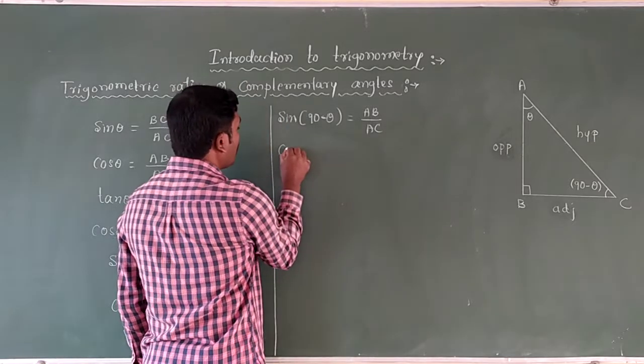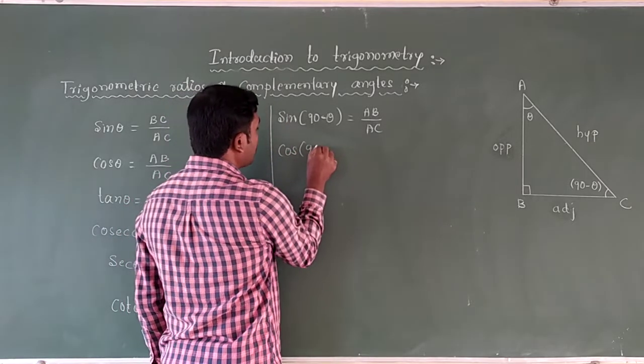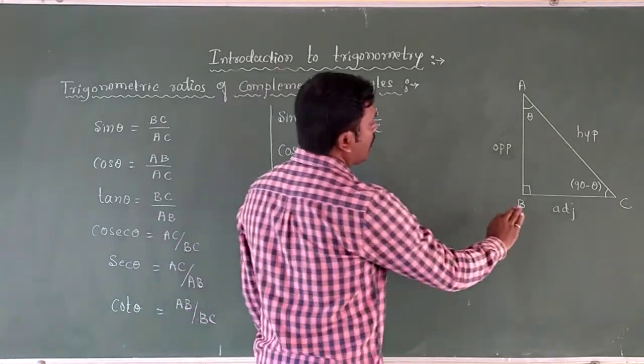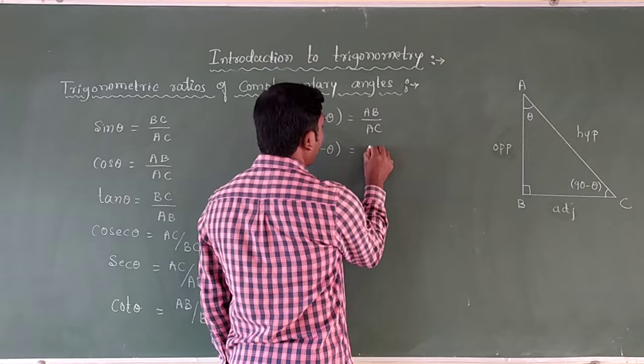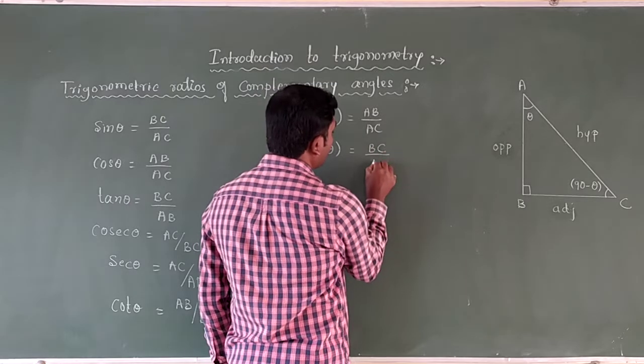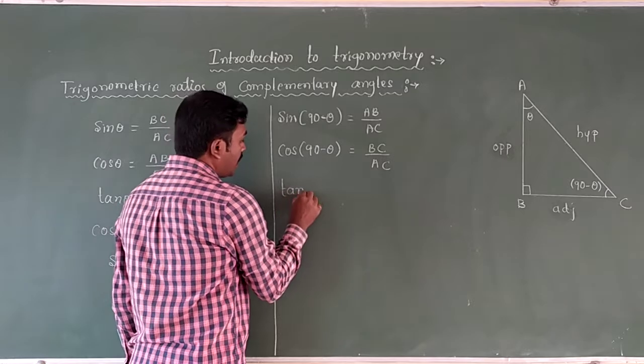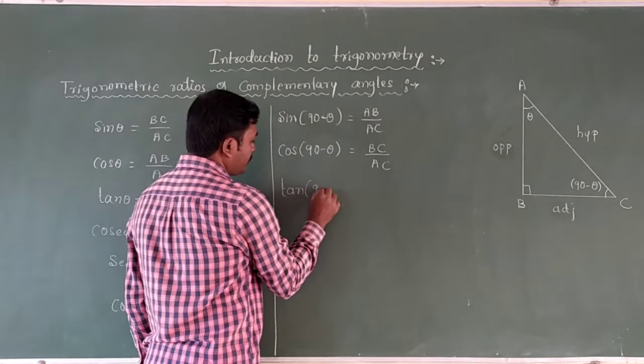Next one is cos 90 minus theta. Cos 90 minus theta is adjacent by hypotenuse, BC by AC. Next, tan 90 minus theta.